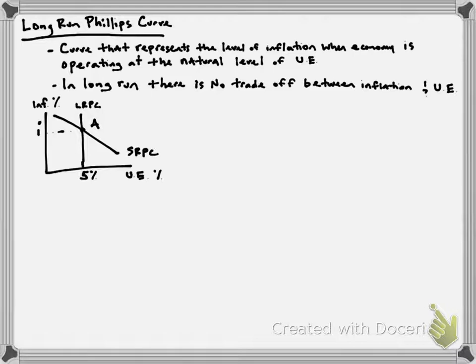That's what our LRPC represents. It represents the amount of unemployment we're going to have in the long run, which we know is 4 to 6%. So on our Phillips curve graph, we label that as 5%. Okay? We're acknowledging that we know, the natural rate of unemployment is the level of unemployment we're going to have in the long run.